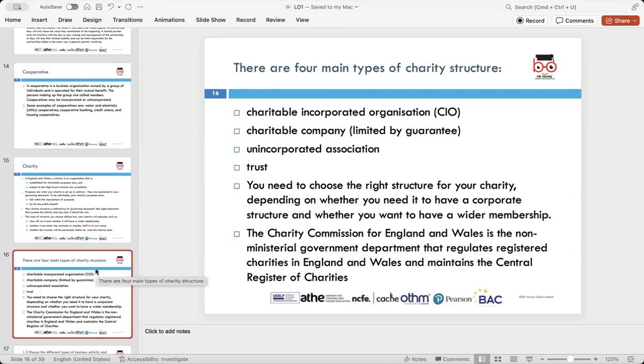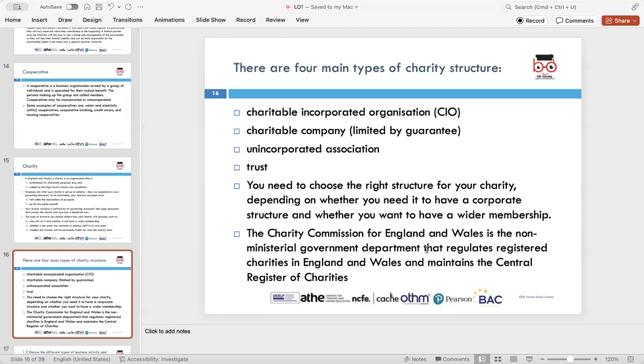There are four main types of charity structure: charitable incorporated organization, charitable company limited by guarantee, unincorporated associations, and trusts. The Charity Commission for England and Wales is a government department that is not under ministerial authority, and it is responsible for regulating registered charities in England.